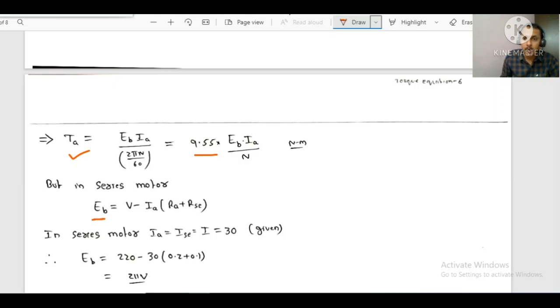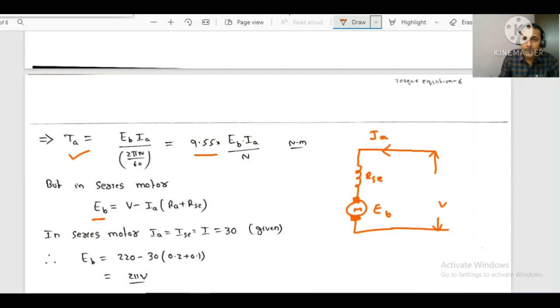If you observe in a series motor, the field winding will be there like this, and whatever voltage you have applied at the terminals will not all appear at the armature. Some amount will be lost because of the series field winding, because of the current flowing in the winding, and also some voltage will be dropped in the armature because the current is flowing.